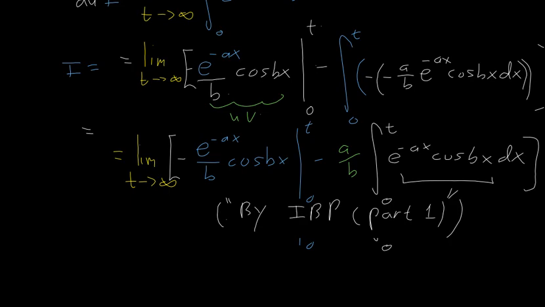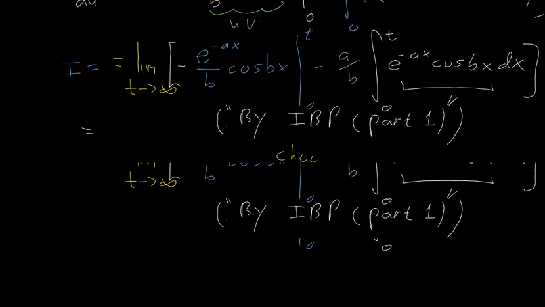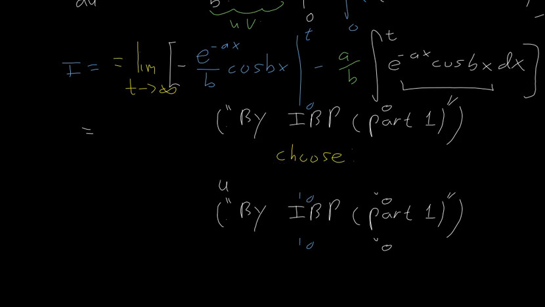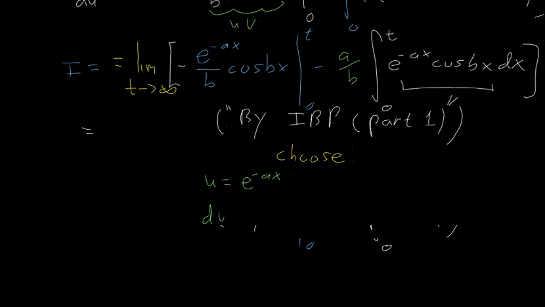So let's use IBP again. We need to choose our u and dv. I'm going to let my u equal e to the negative ax. My du should be minus a e to the negative ax dx, since I'm taking the differential with respect to x.